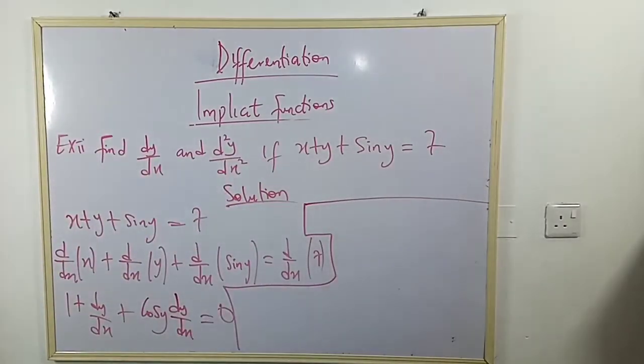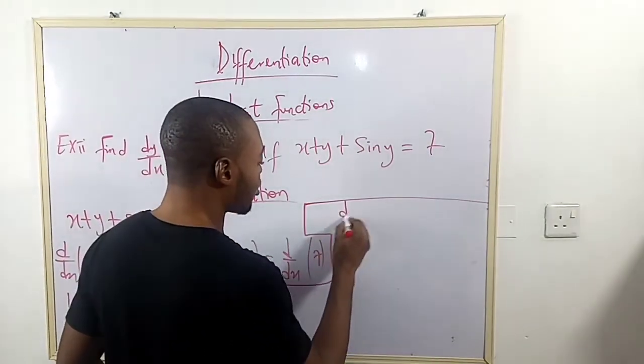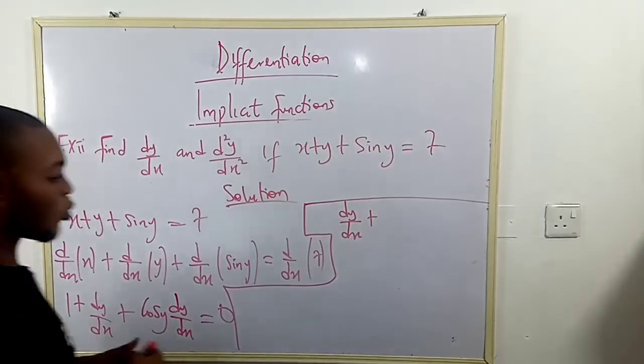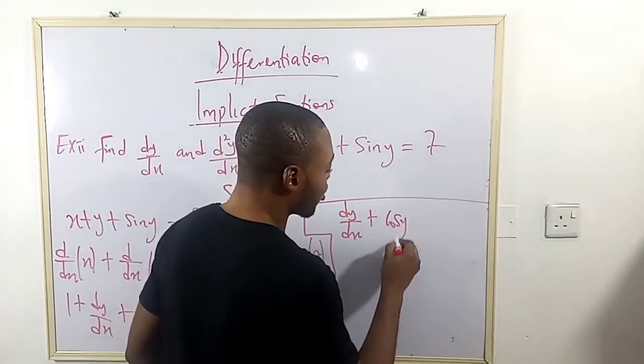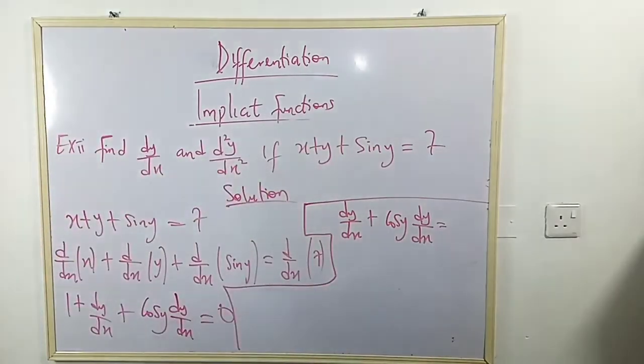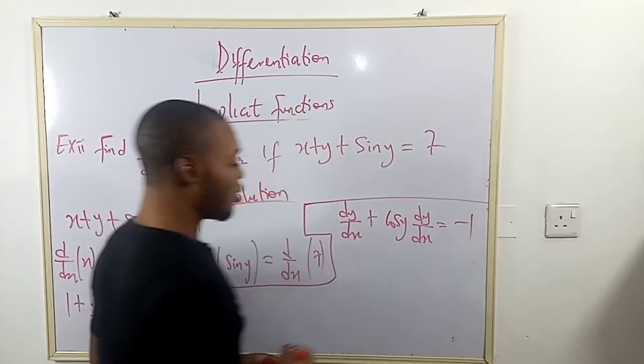So from here we can say dy/dx plus cos y dy/dx equals, bring 1 here, that will be 0 minus 1, minus 1.